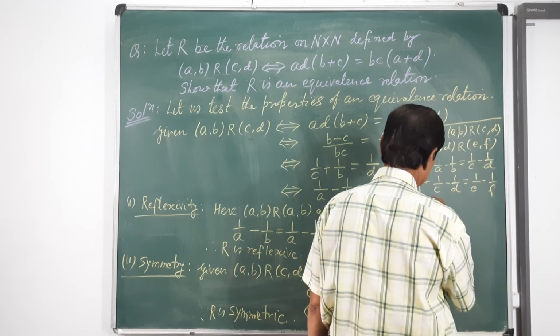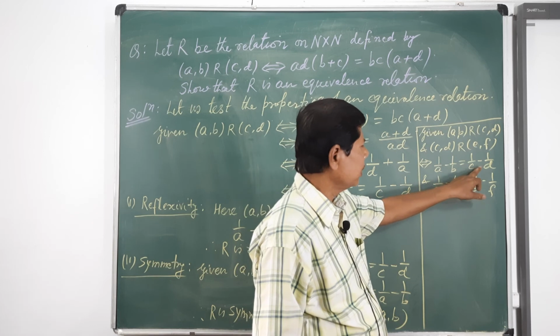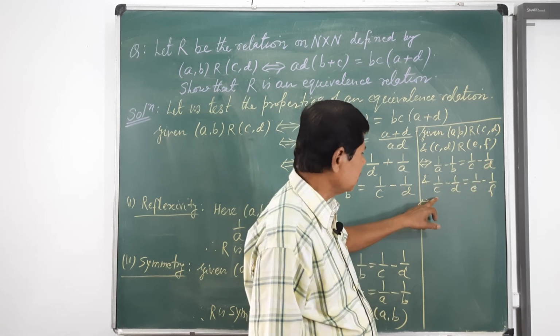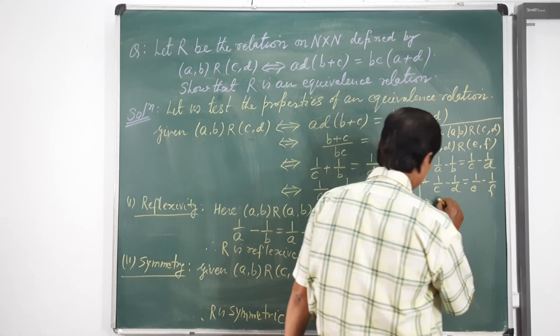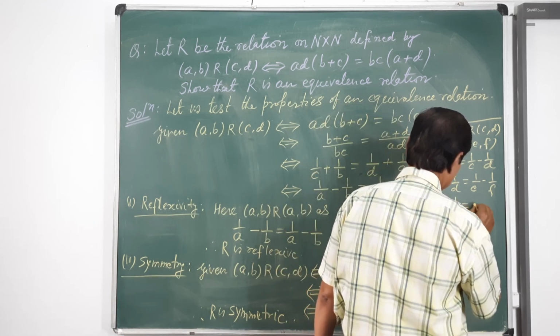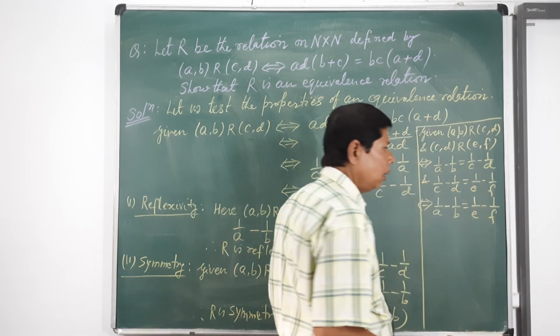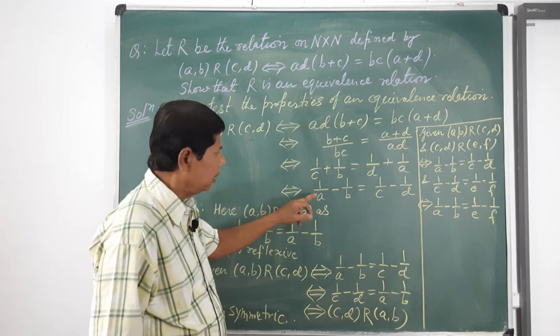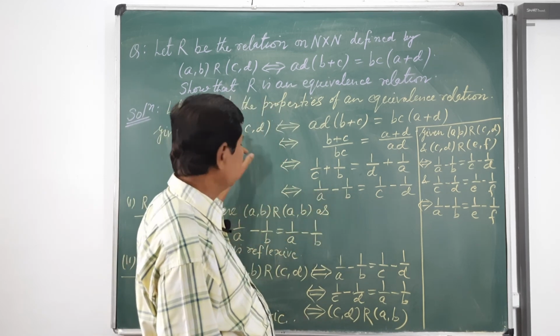This implies and is implied by, now see, 1 by A minus 1 by B equal to 1 by C minus 1 by D, and 1 by C minus 1 by D equal to 1 by E minus 1 by F. So we can write 1 by A minus 1 by B equal to 1 by E minus 1 by F. So in order, if you see this A, B, C, D, 4 elements, (A, B) related to (C, D).